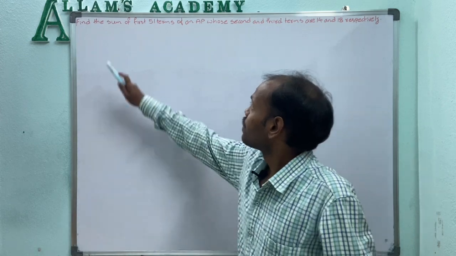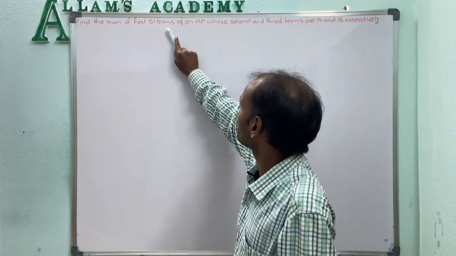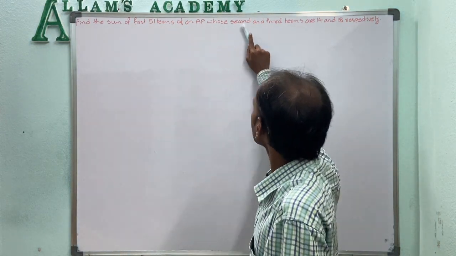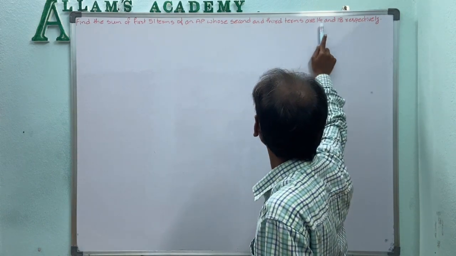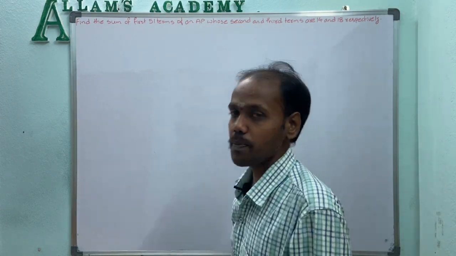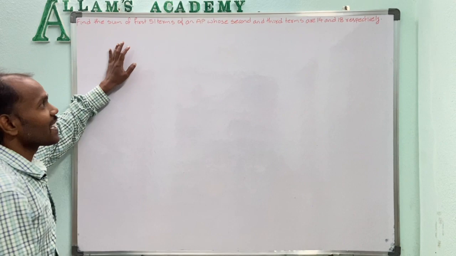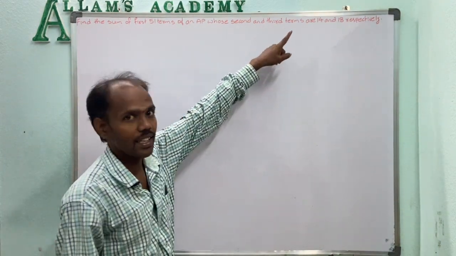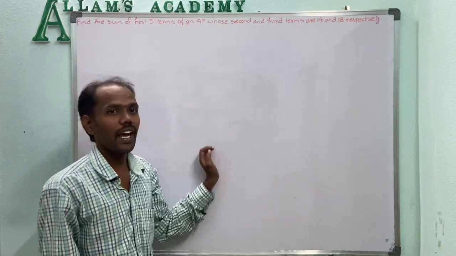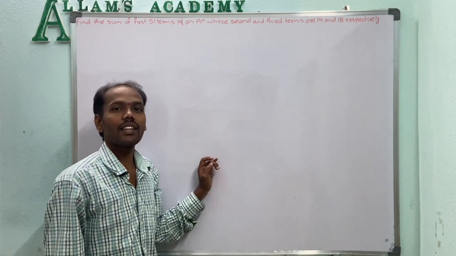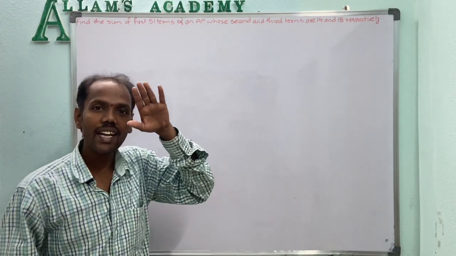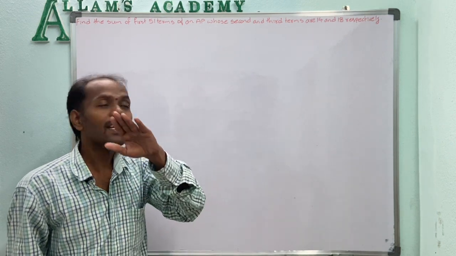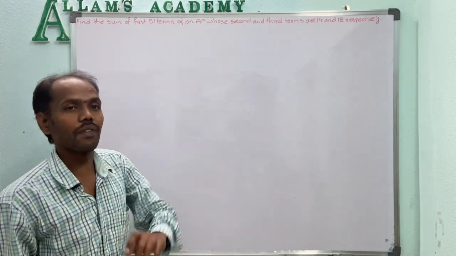Given the problem, find the sum of the first 51 terms of an AP whose second and third terms are 14 and 18 respectively. So in this arithmetic progression we are given the second term and third term as 14 and 18. In an arithmetic progression the general term an is equal to a plus (n minus 1) into d.